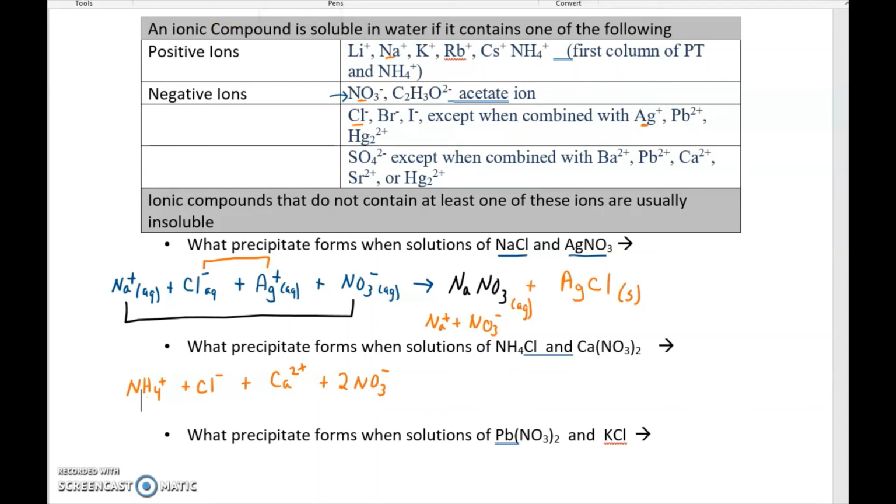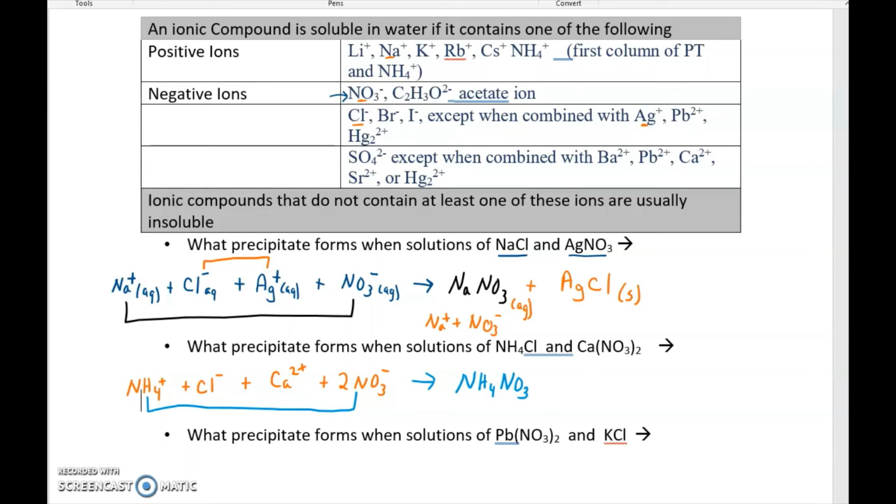The ammonium that's positively charged can react with the nitrate. So we get ammonium nitrate. Notice when I draw these compounds, all the charges have disappeared because they're neutralized. One positive, one negative.